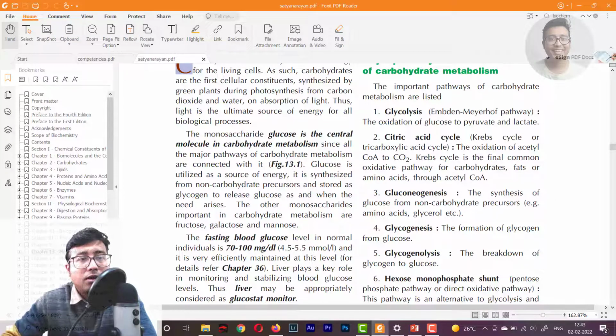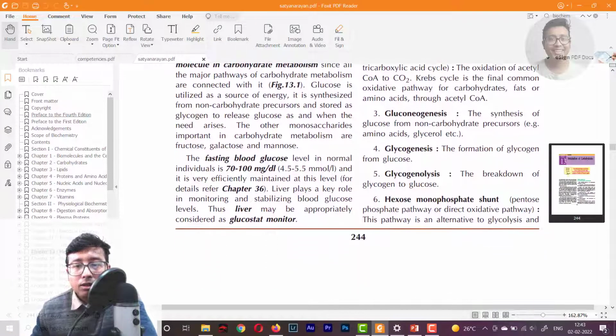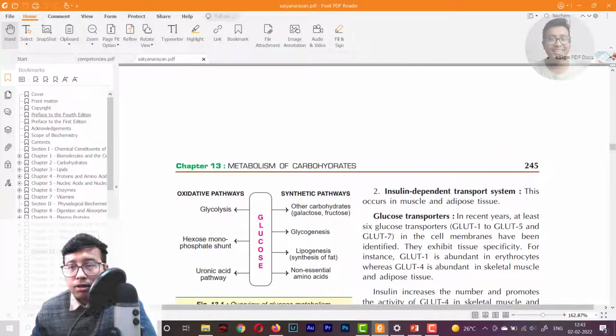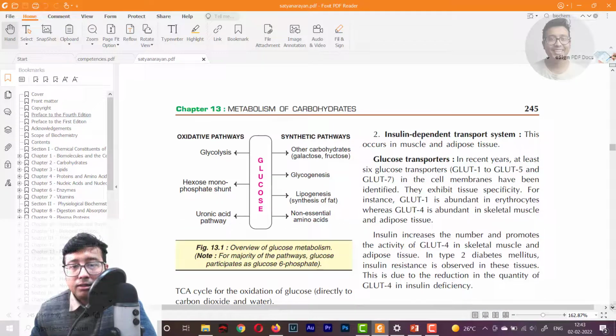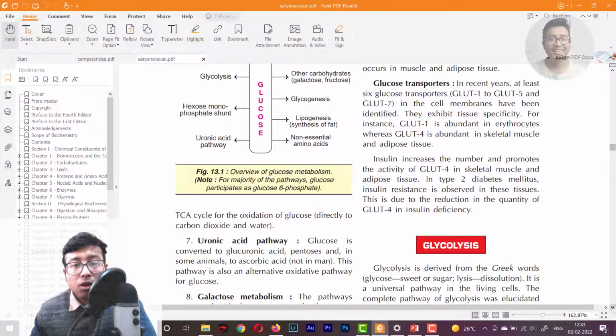So let us look at the book. If you are using this edition, it is more or less the same. Satyanarayana, the textbook, doesn't undergo much change.